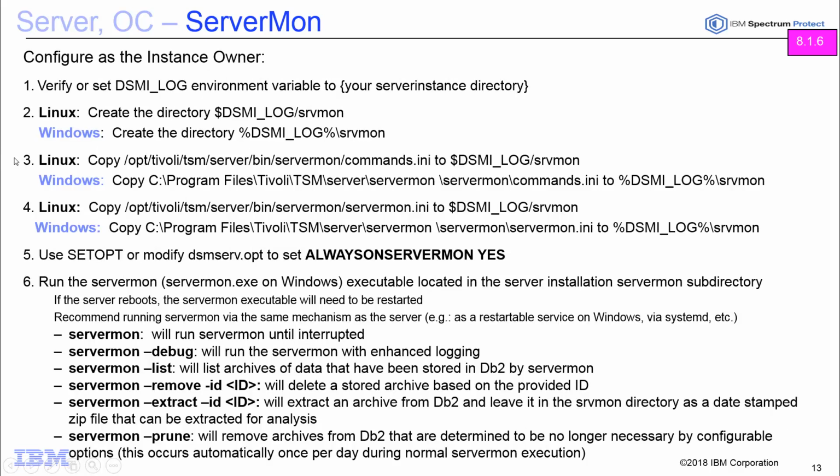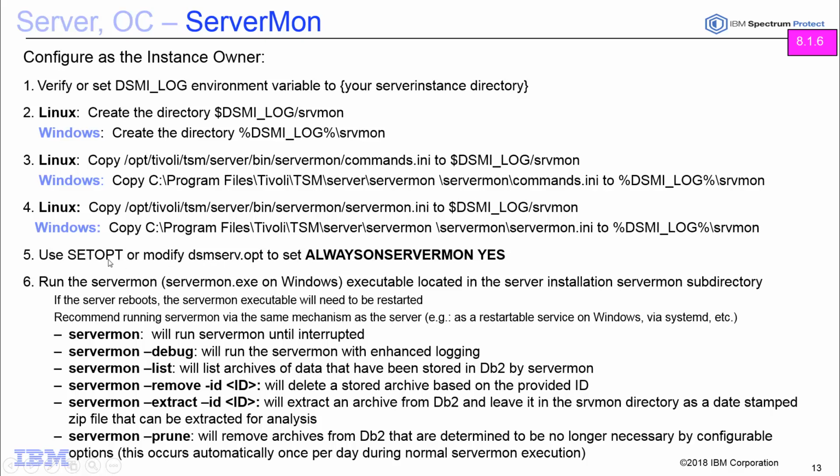Now, in order to configure servermon in version 8.1.6 as the instance owner, the first thing you have to verify is you have a DSM_LOG environment variable set and that directory has been created. Next, you'll want to take the commands.ini and servermon.ini files and the executable and copy them over into the DSM_LOG servermon directory.